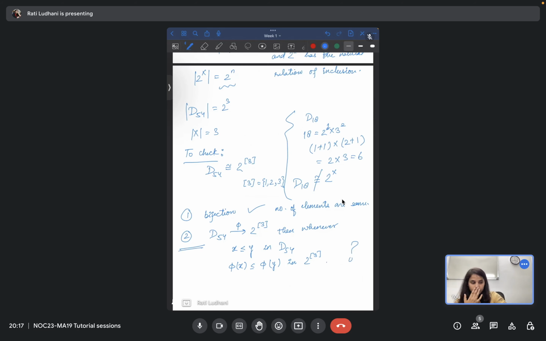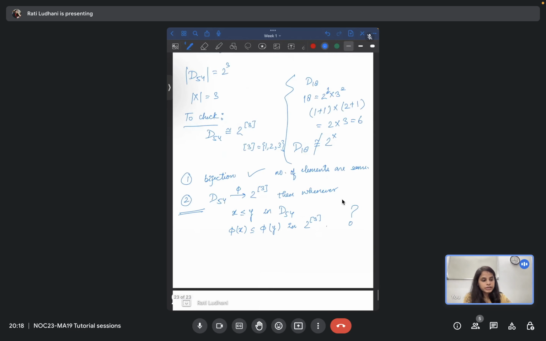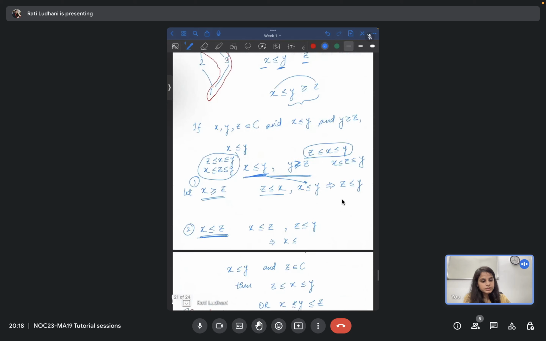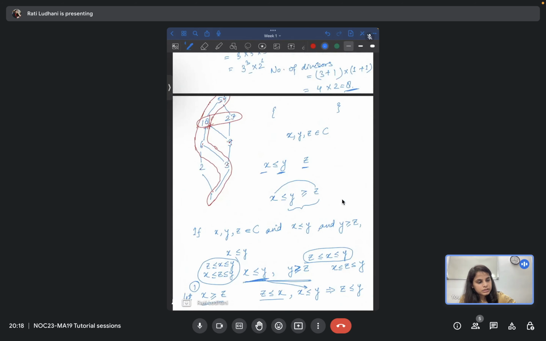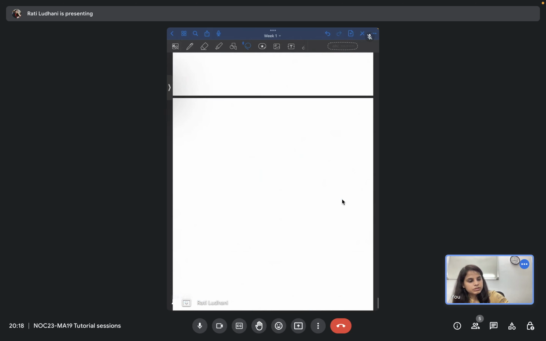Okay, so now the Hasse diagram's importance comes. I can draw it again. So I'm constructing.